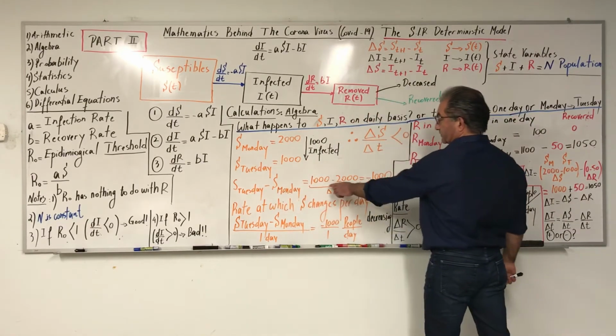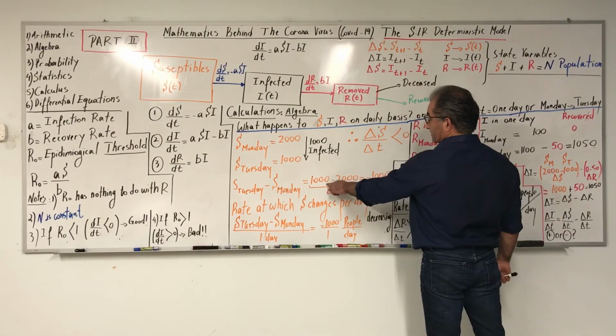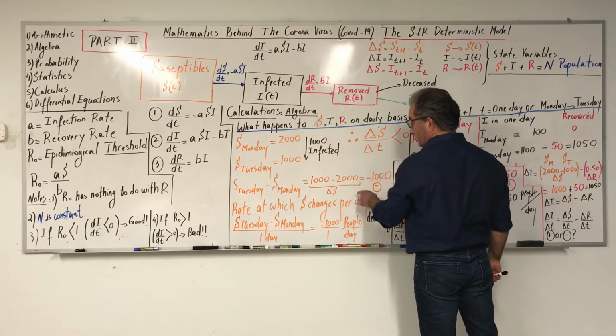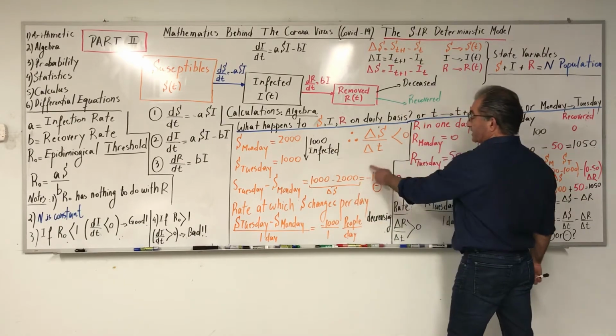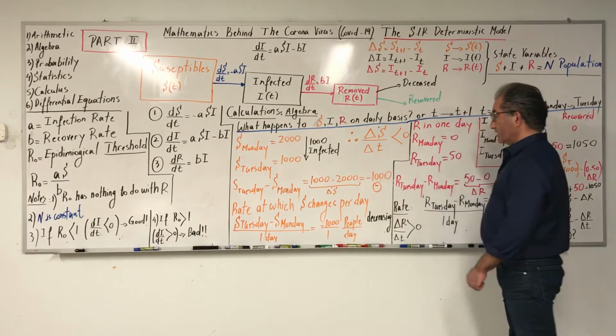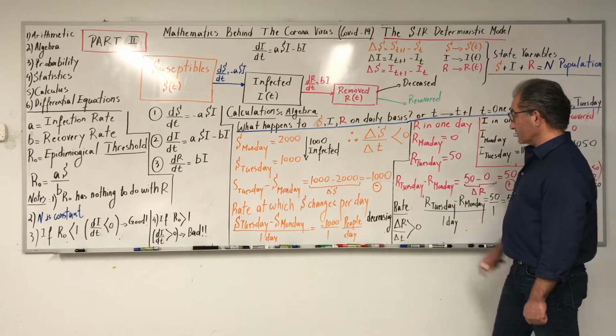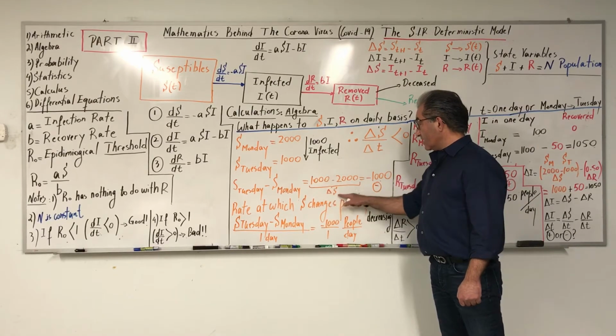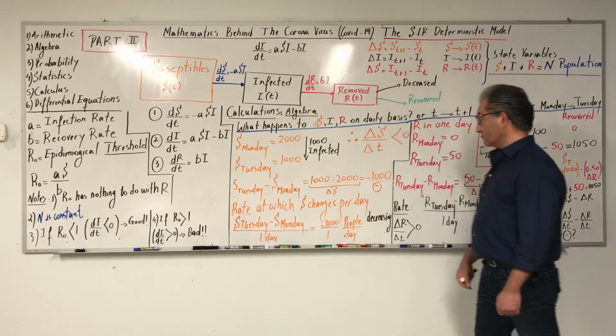So on Tuesday we have 1,000 people minus the initial one, which on Monday was 2,000 people, and that's negative 1,000. I want you to note that negative sign. When you subtract in mathematics, we call that delta S, the difference in S. So that's the notation.